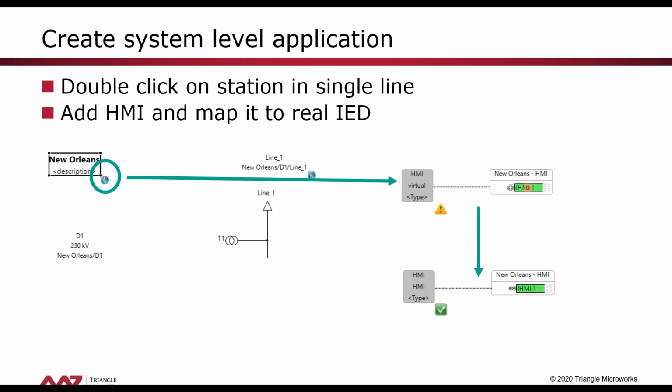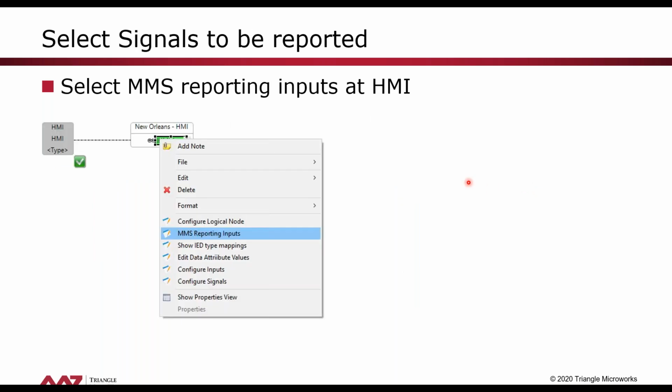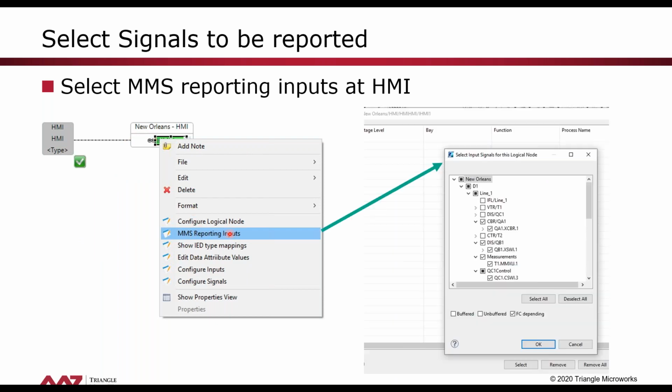We can map that then to our HMI, and then we can select here on this logical node MMS reporting inputs, and this gives us the possibility to select from all data objects and data attributes available in our system which ones we want to use to report to the HMI.